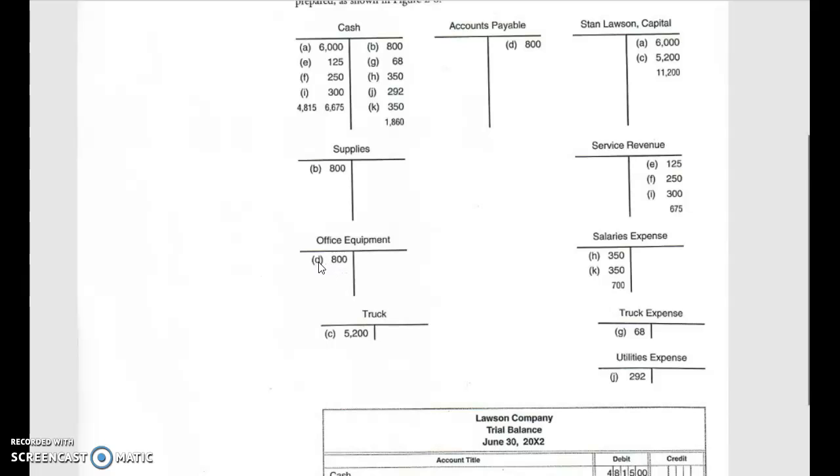We have identified it by its transaction letter. Now we have to increase or create the liability. So accounts payable, because it's a liability. Liabilities have normal credit balances. So we are increasing it $800, and we have identified it by the letter. And notice we purchase office equipment on account.